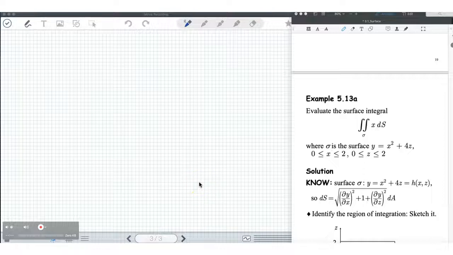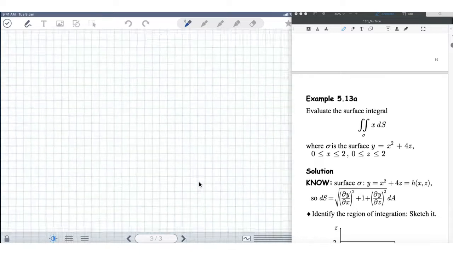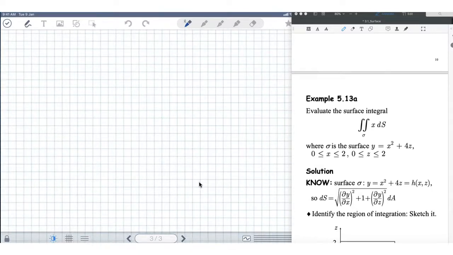Okay, the second example here is we want to compute the surface integral where the function is x dS over the surface sigma, and the information provided about the surface is part of y equals x squared plus 4z, and they give you the limits of x and z.